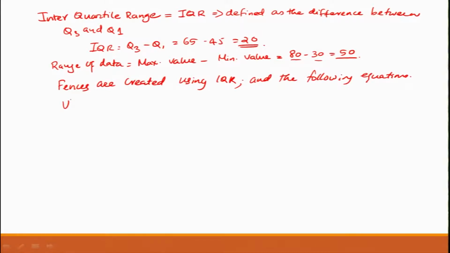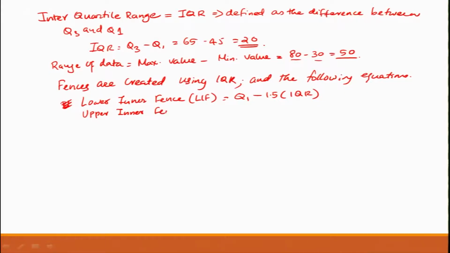Let us start with the lower fences to make our life easy. We will start with the lower inner fence, or LIF. This is given by Q1, the first quartile value, minus 1.5 times IQR. That is your lower inner fence. The upper inner fence will be symmetric on the other side. It will not be Q1, it will be Q3 plus 1.5 times IQR.